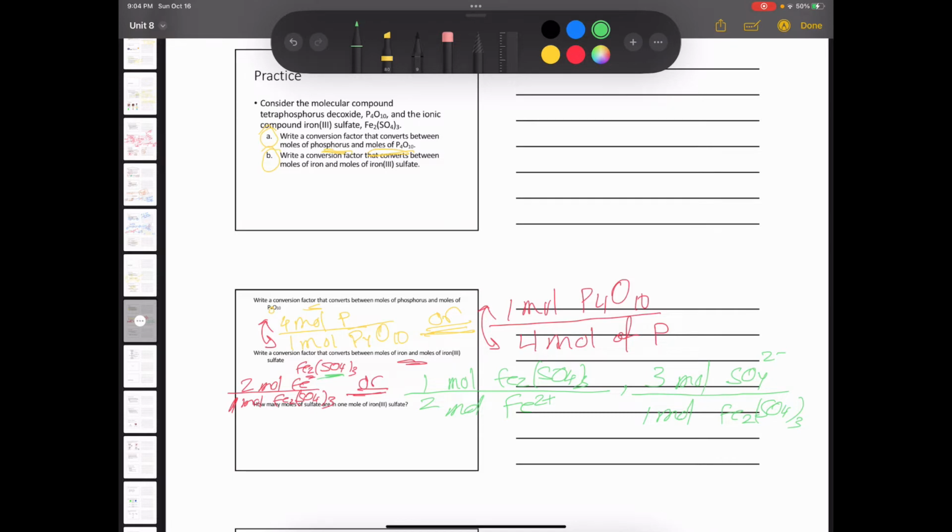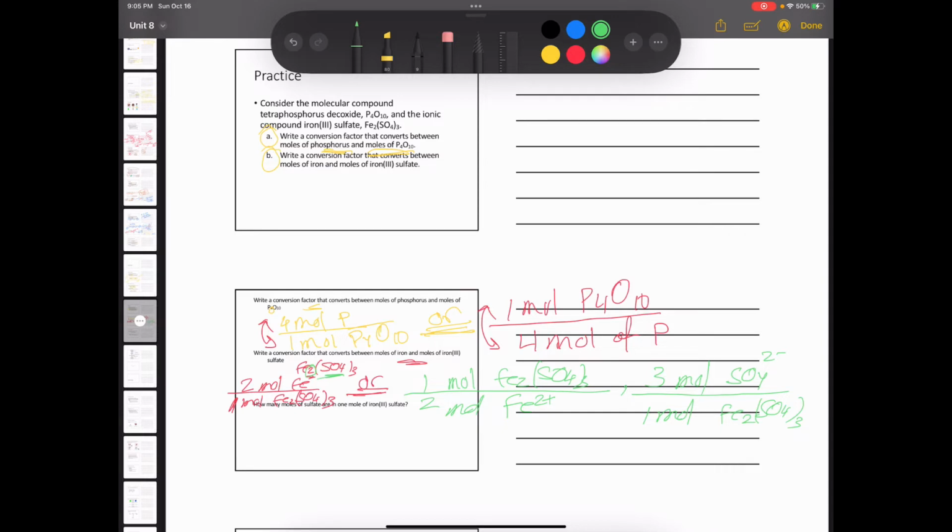Again, this subscript does not only represent the number of moles, it represents the number of units. So we can say atoms, grams, kilograms, or pounds, but in this case we're converting between moles and moles. So 3 mole of the sulfate exists in 1 mole of the iron sulfate.